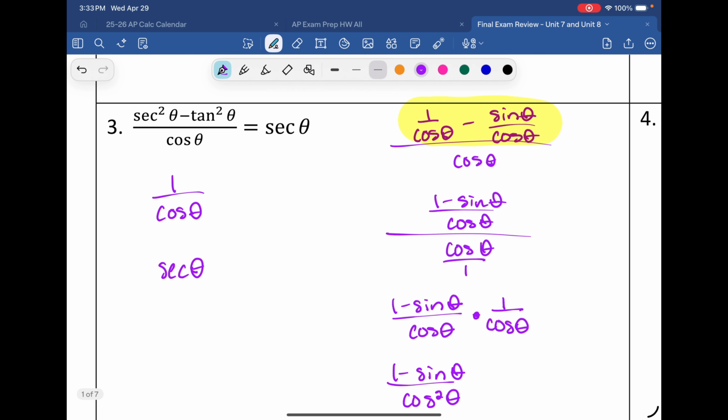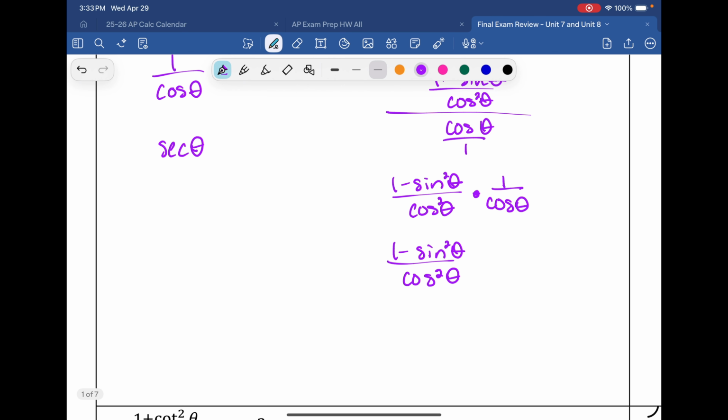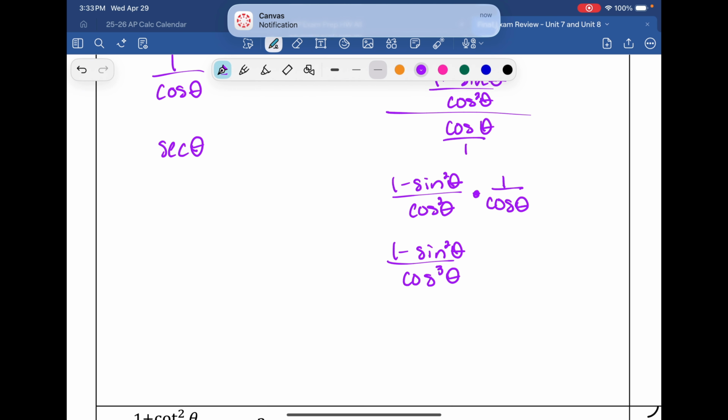Forgot the squares here, that's what's missing. That could change a lot. All right, so I fixed that.